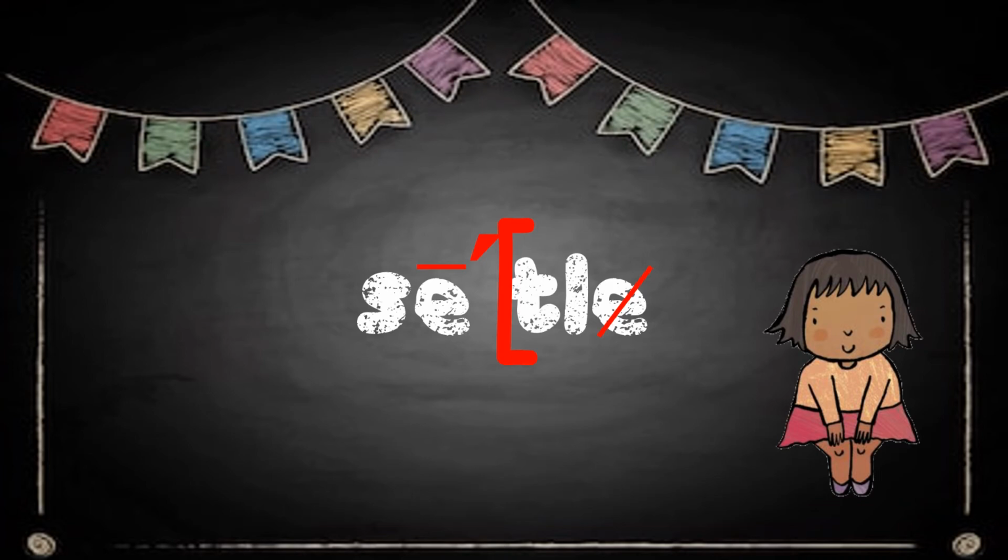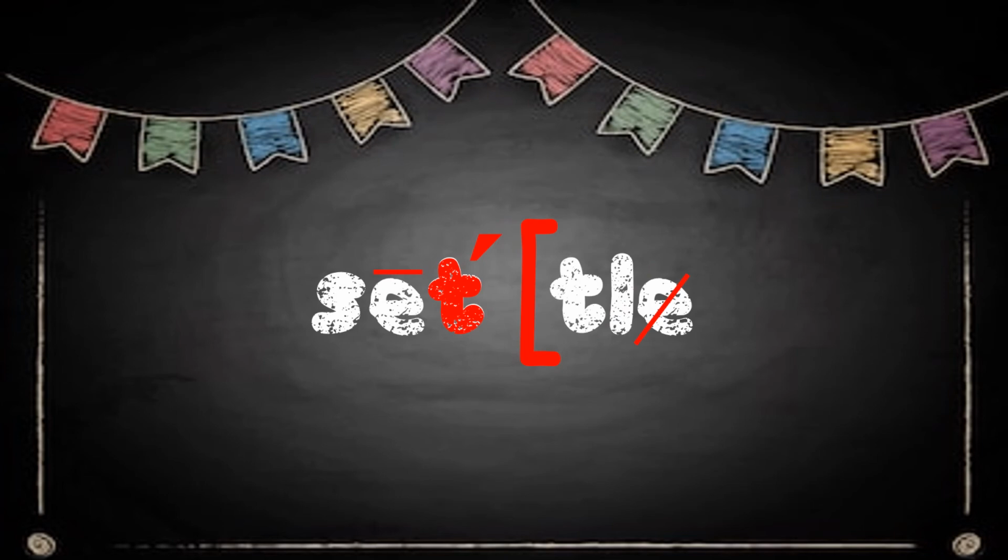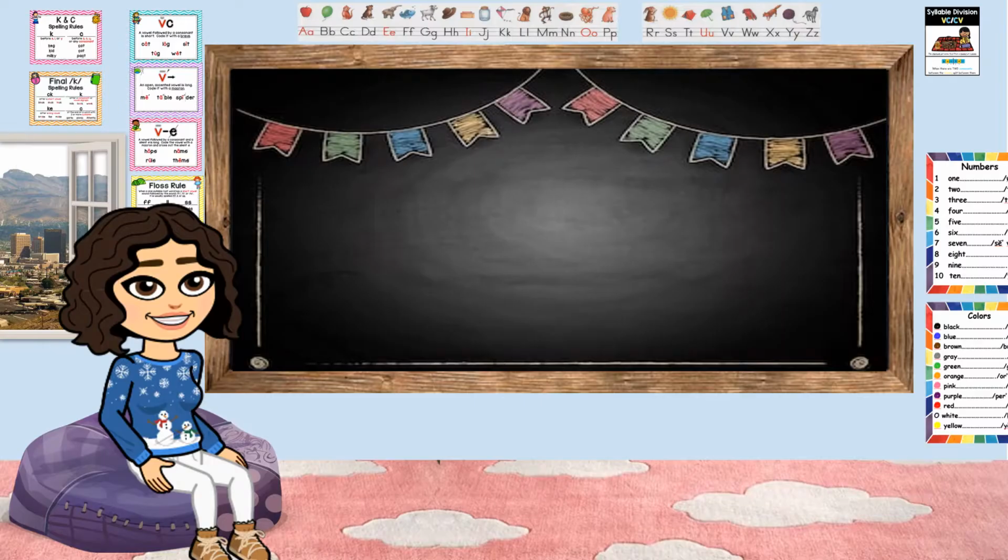So we need to add a letter T to our word. Now we can change that macron to a breve. And let's read our word again. Settle. There we go. Good job, boys and girls.